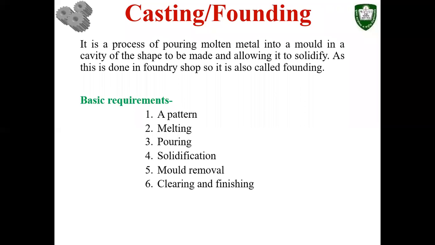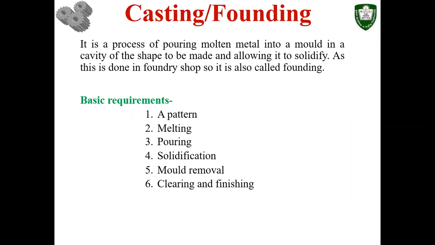Casting itself is a process, and casting is also a part that you have manufactured. This process will be clearer once we go to the figure in the next slide, where many components of a casting will be shown, and there are some basic parameters involved with casting. We will also discuss that.